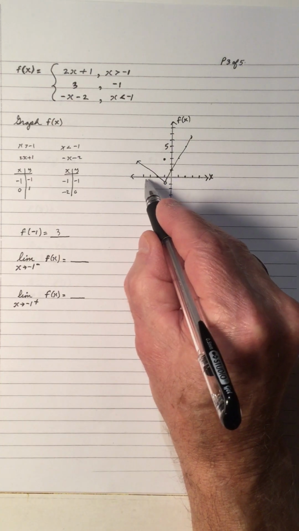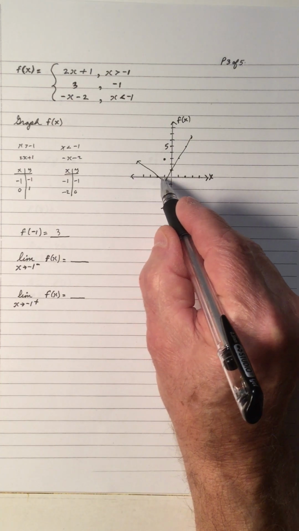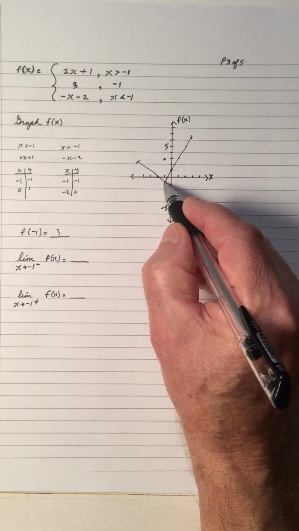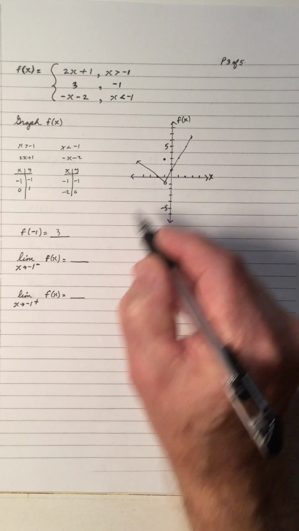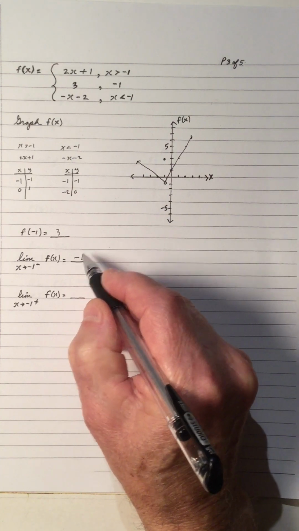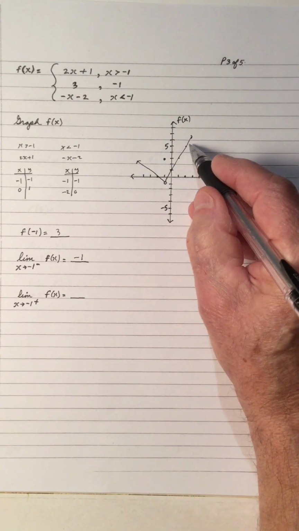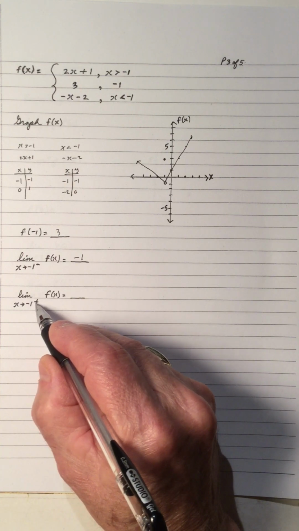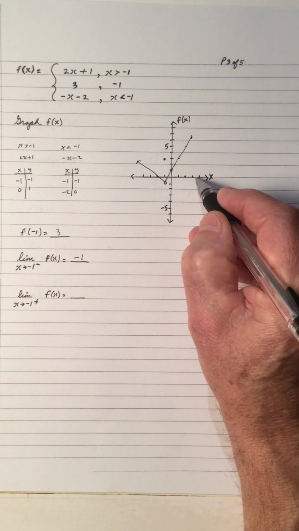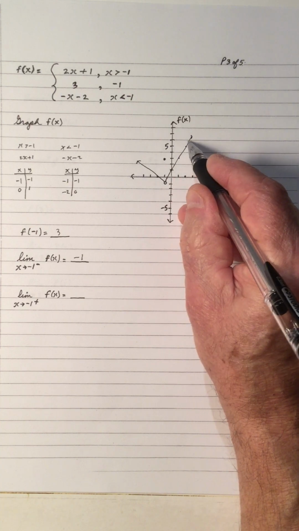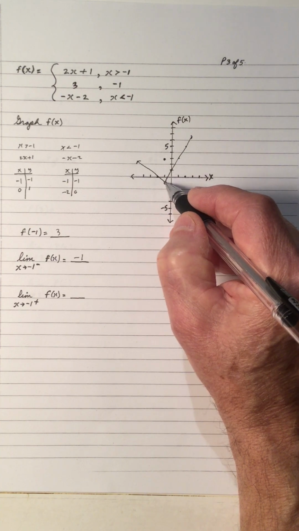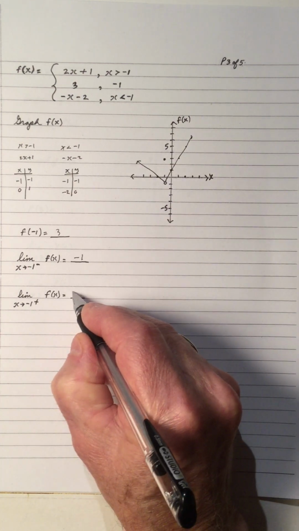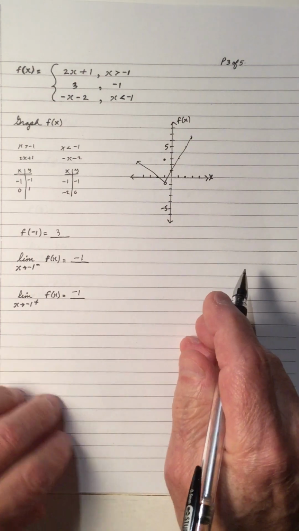As we approach -1 from the left side, we're coming in here, and y is -1. And as x approaches -1 on the positive side, y is coming down here. As we get to -1 on the right side, y is -1.